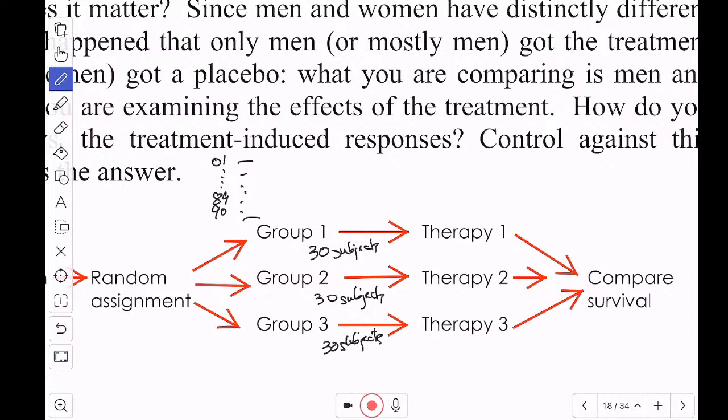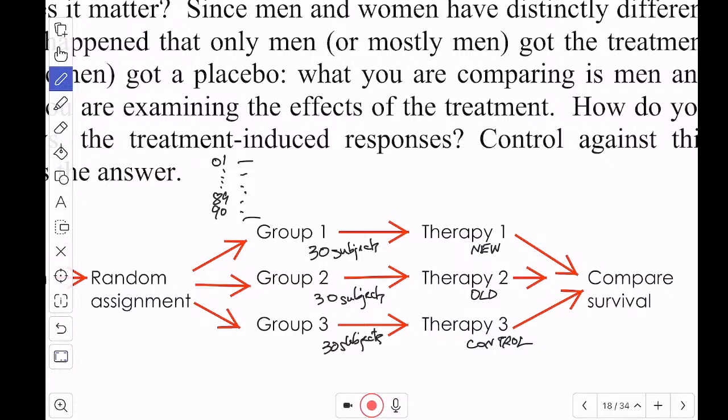Group 1 would receive therapy 1, so this would be the new treatment that's available. We're going to compare it to treatment 2, which is the old treatment, and then we need a control group. So let's say this was our study, and then we compare the survival of people with the 3 different treatments.